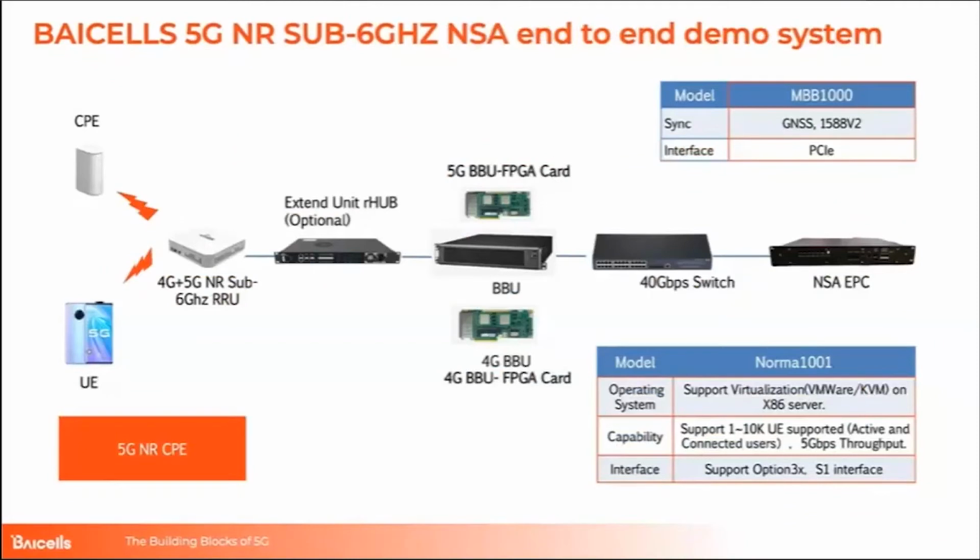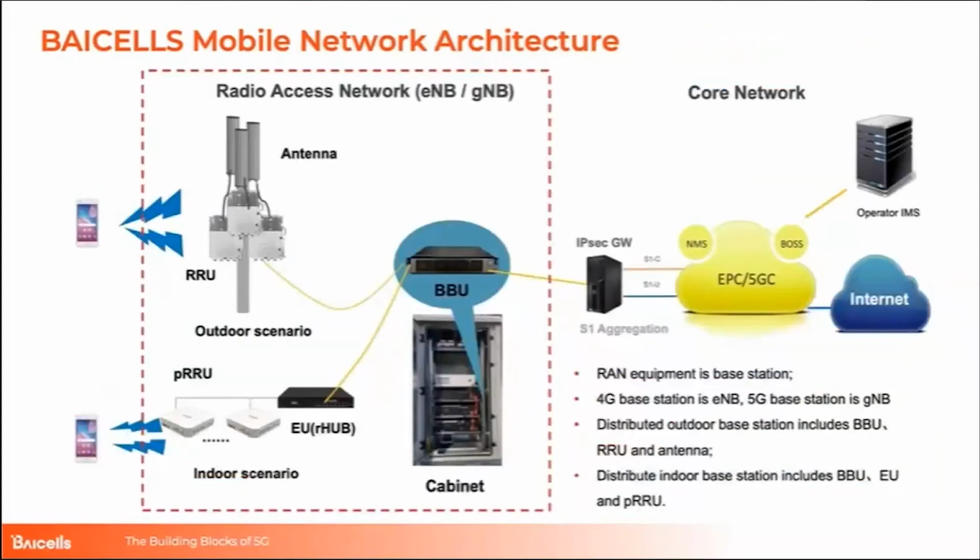This is NSA, non-standalone, and you can see here we have the EPC. So the NSA is where you don't have the 5G core. You still have the EPC, but you're introducing the 5G RAN. This is a general mobile network for Baicells, how we connect our devices.